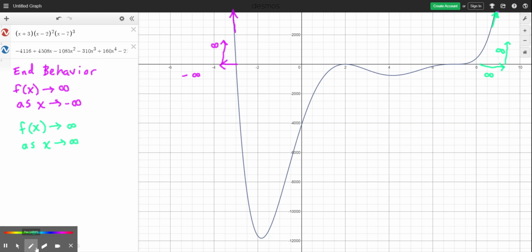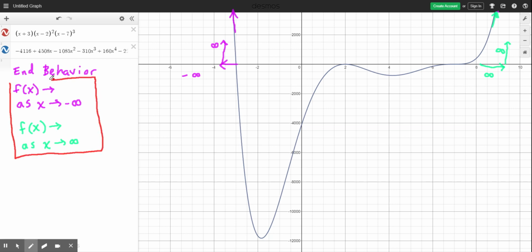And what we want to understand about this particular part here is that these are the only two missing blanks as far as all functions are going to go. When we talk about end behavior, we could basically copy and paste what we see here at the start of any problem.